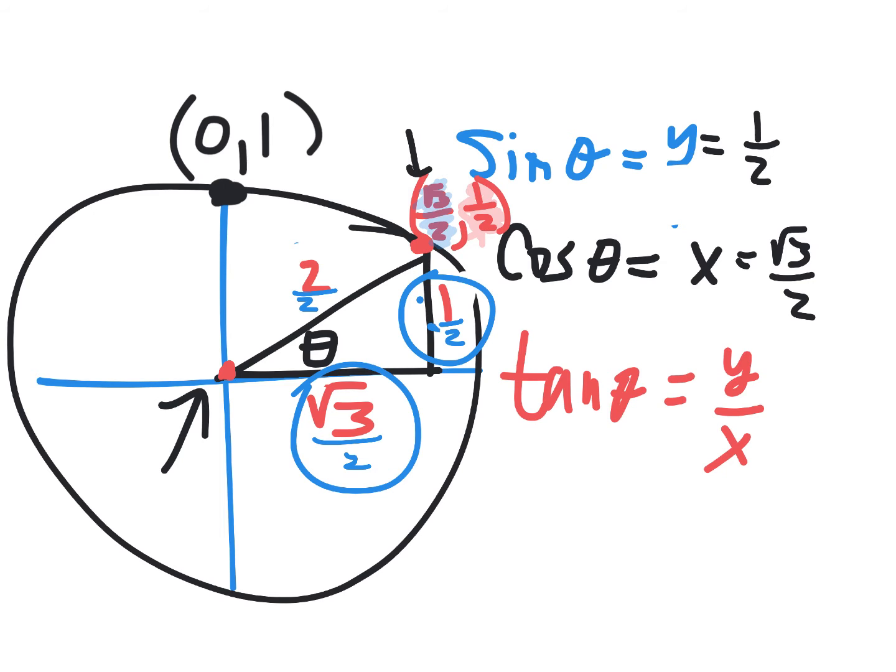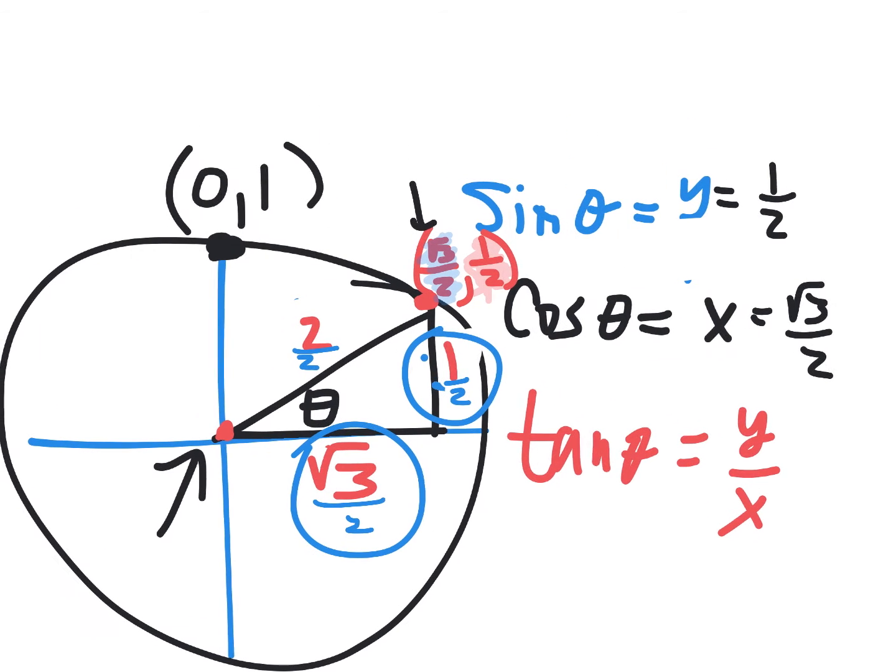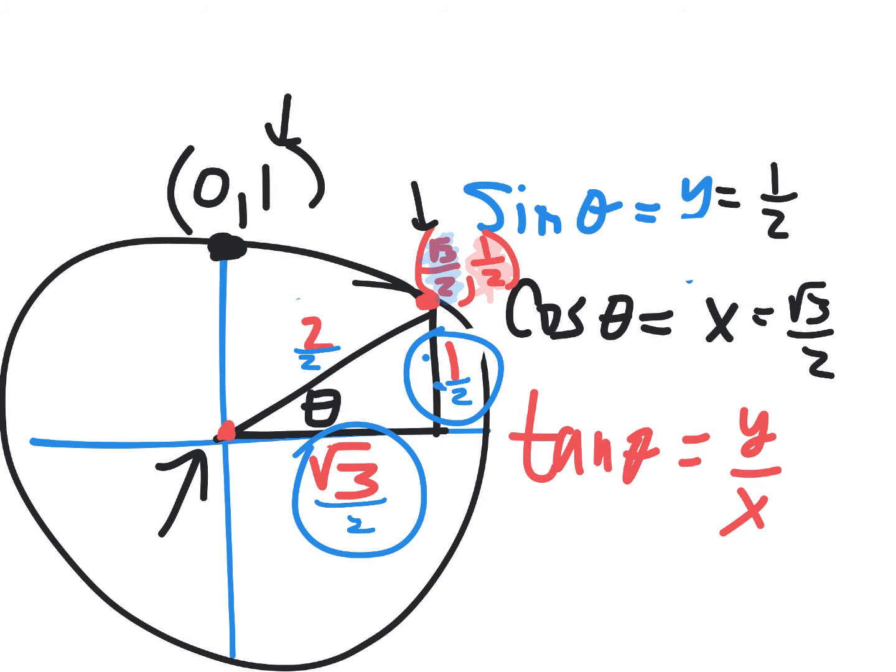What letter is sine? It's y. So sine is 1. I'd like you to take your calculator and type in sine of 90. Make sure you're in degree mode. Did you get 1? I just showed you why it's 1.